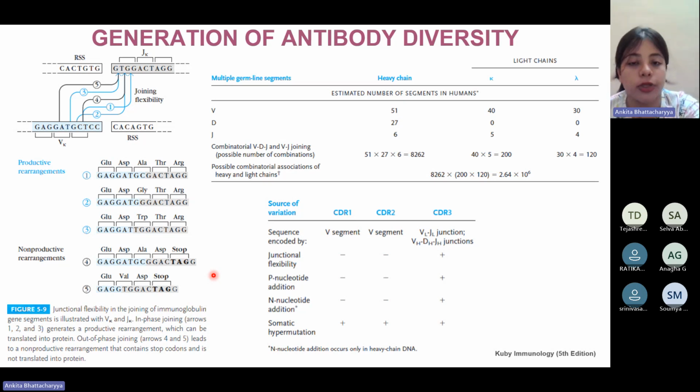This partial protein will be incorrect, will not form the right sort of antibody, and will be responsible for more harm than good. So that is the reason not every rearrangement is always correct. There is flexibility, and only those rearrangements which are productive will be retained further.